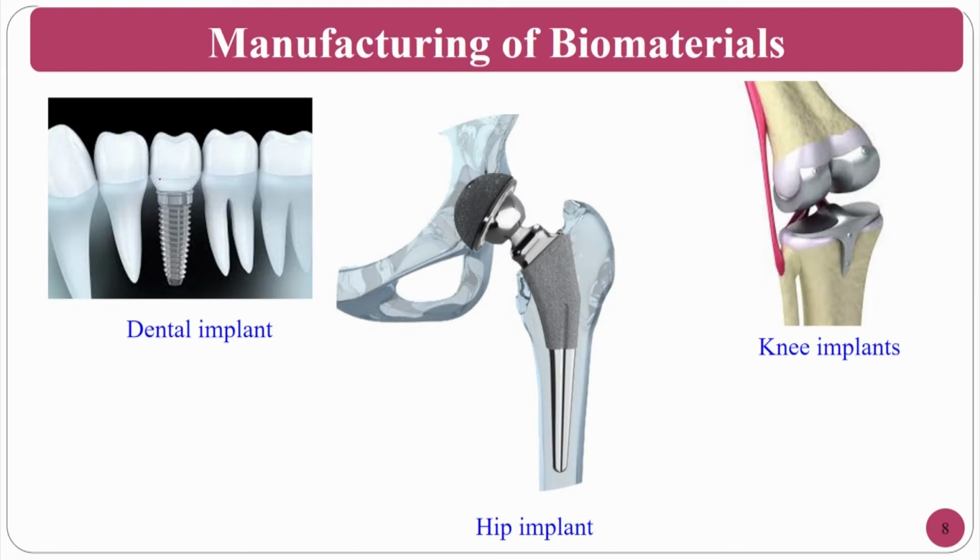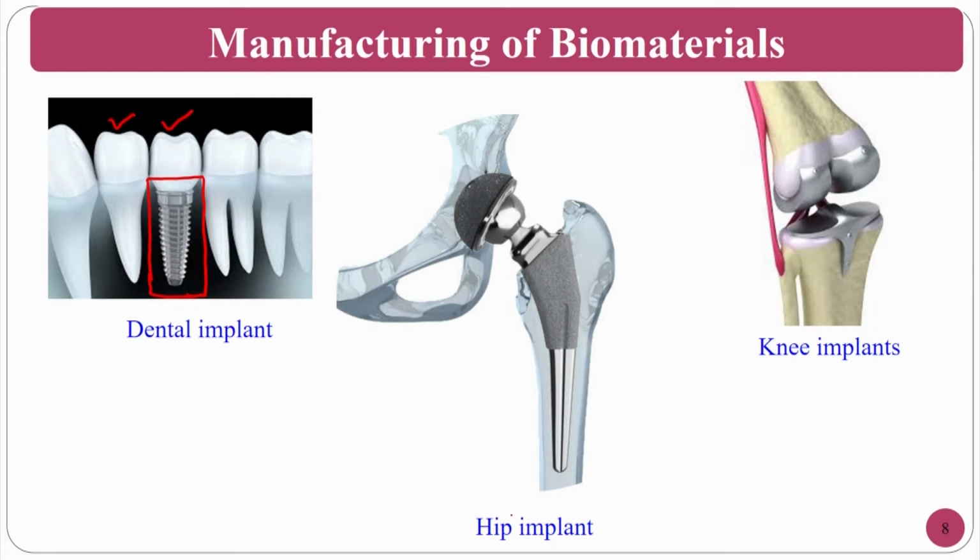The external portion should be the same as the natural one, or whatever is required for a particular patient, but the internal fixation should be like a screw that is to be fixed into the jaw. This ought to be fabricated very precisely, and it should be biocompatible and all those things.